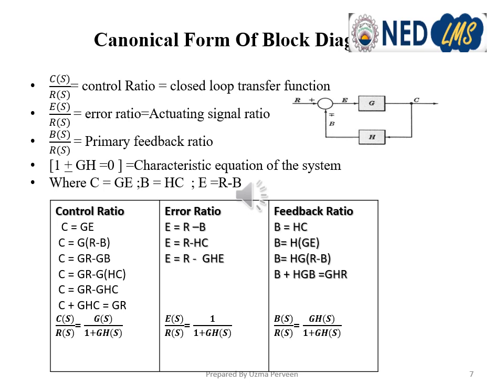So in the characteristic equation, if we have a negative feedback, then it will be 1 plus GH equals 0, and if we have a positive feedback, then we'll have 1 minus GH equals 0 as the characteristic equation of the system. We'll use this characteristic equation later on in the different lectures.